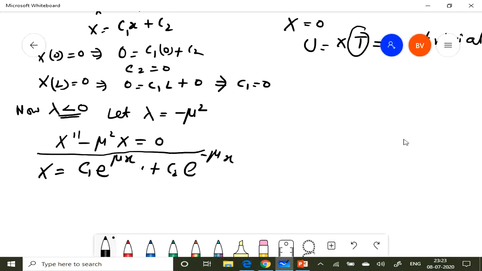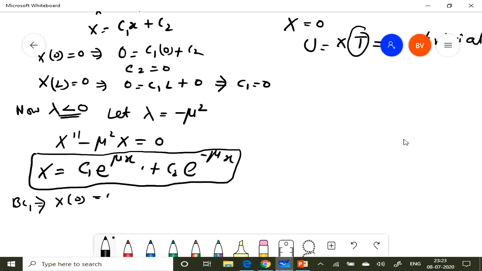Now again we have to find the values of c1 and c2 by using the boundary conditions for x alone, isn't it? So boundary condition 1 gives what? X of 0 is 0. Substitute x equal to 0 here.